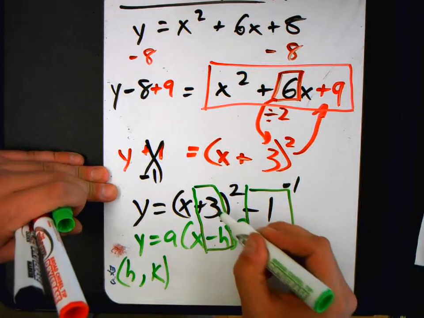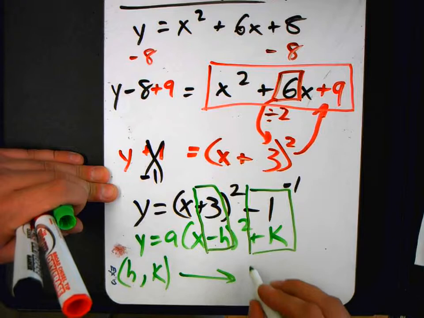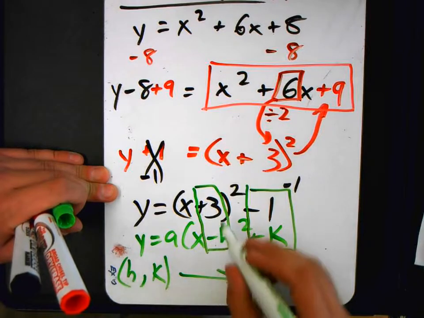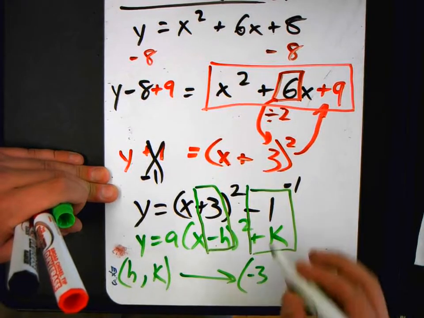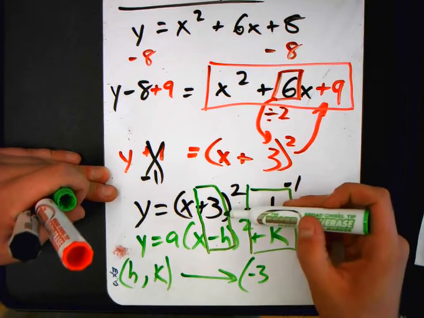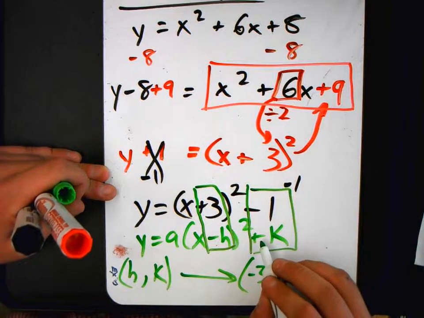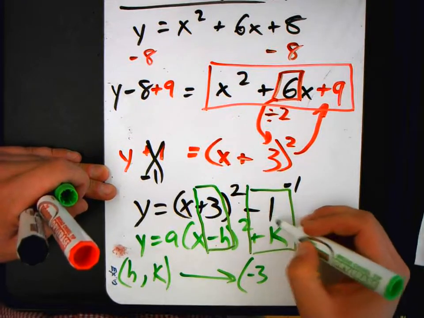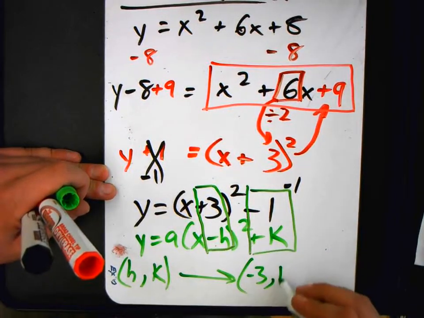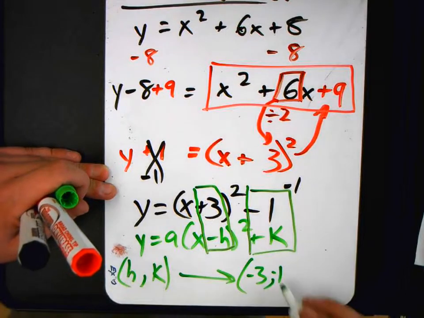Since my negative h is a positive 3, that means that my positive h is a negative 3. Whatever h you see in your equation, always change the sign. Since my positive k is a negative 1, I'm going to keep that as the exact same sign to get the point negative 1.